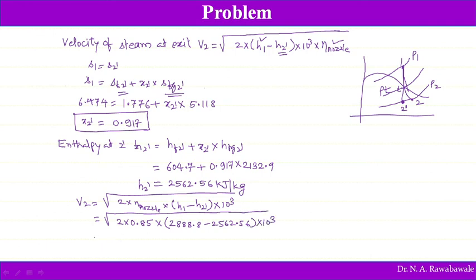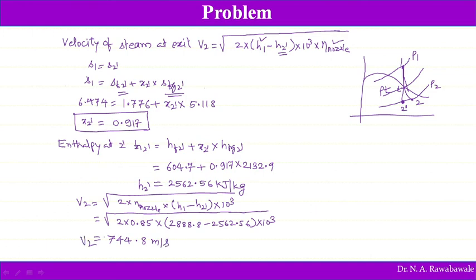On simplification we get velocity V2 as 744.8 meters per second. So velocity V2 is known.